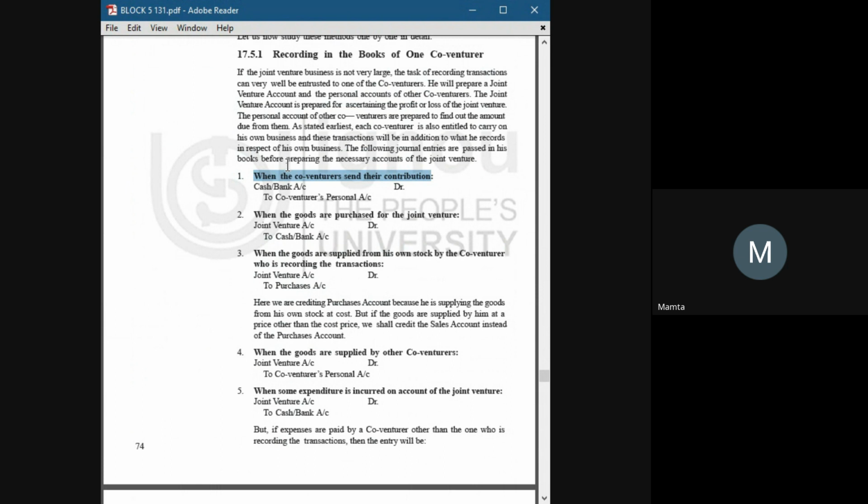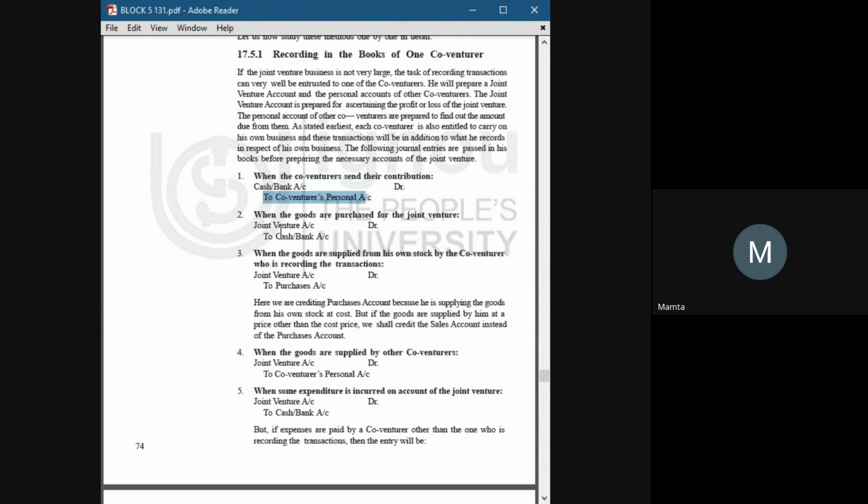So how will he record the journal entries? The first entry is when the co-venturers send their contribution, meaning A and C are sending their contribution for the project. Cash or bank account debit to the co-venturers' personal accounts, to A and C, if both are sharing.